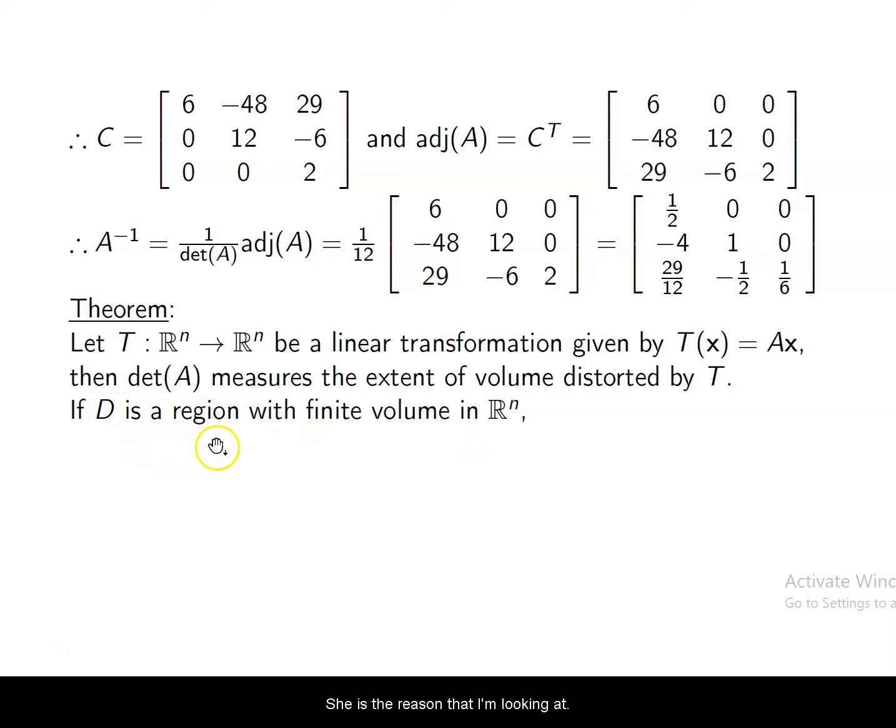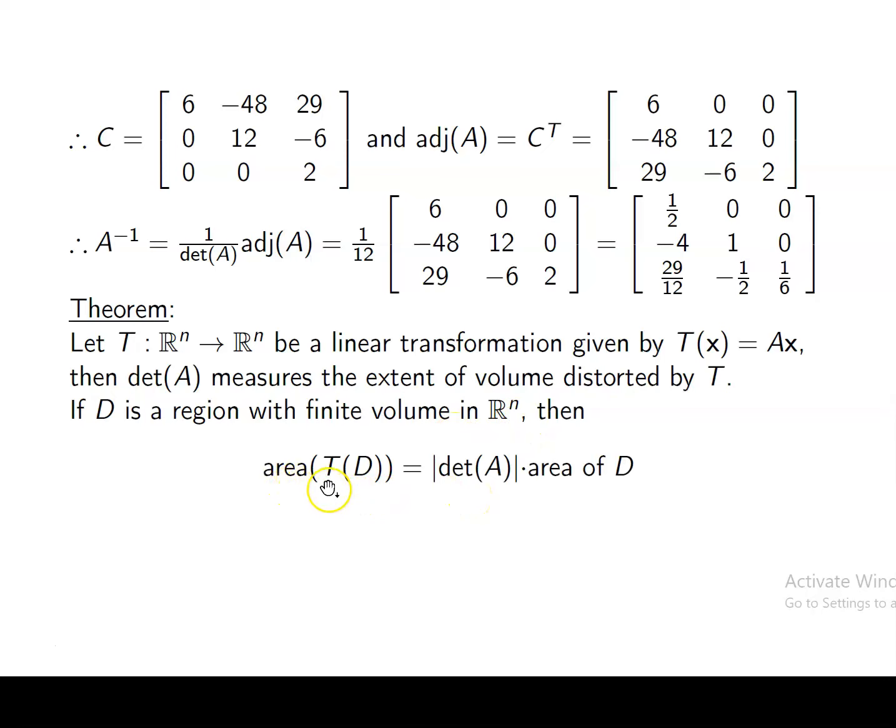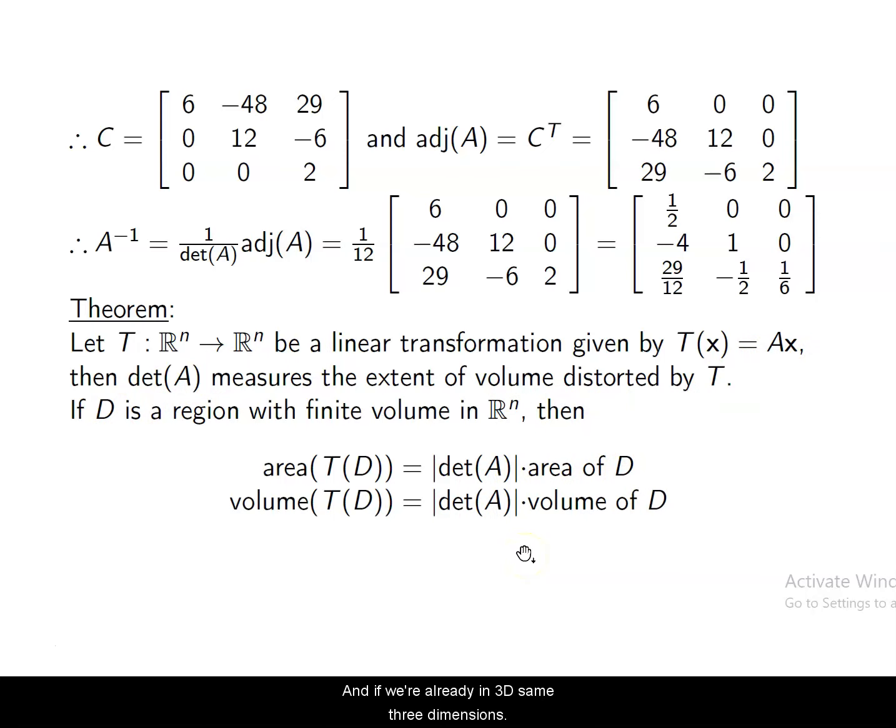If D is the region that I'm looking at, for much of what we're doing this was the unit square, and it has a finite volume in Rn, then the area of the transformation of D is equal to the absolute value of the determinant of the transformation matrix times that original area of D. And if we're already in 3 dimensions, then the volume of this transformation of our 3 by 3 volume region is the absolute value of the determinant of A times the original volume of D before the transformation.